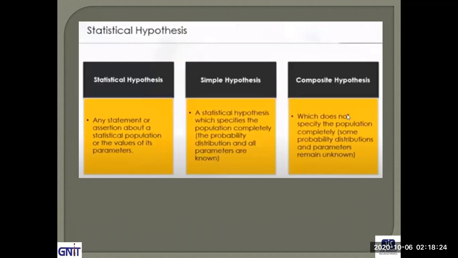So composite hypothesis is quite complicated because we don't have all the data with us. But in simple hypothesis, we know the standard deviation, we know the standard sampling error, we have everything. Now we have to draw some conclusion.